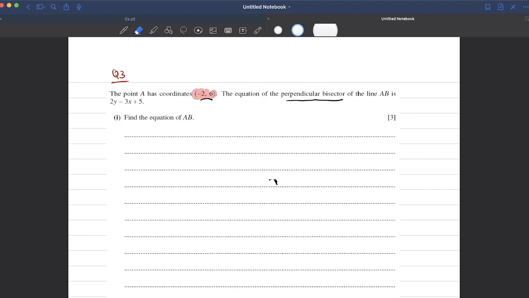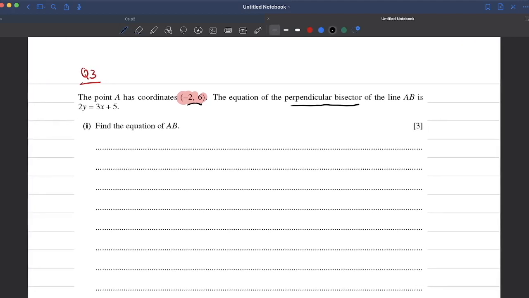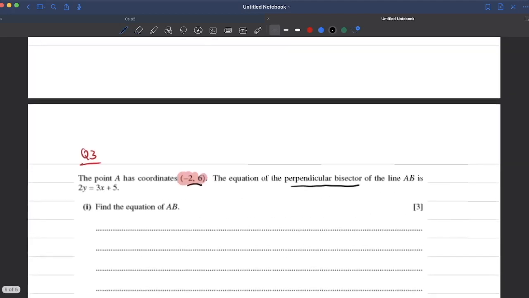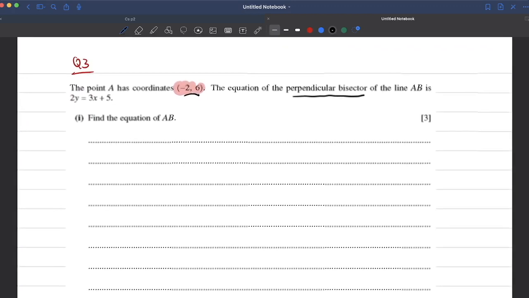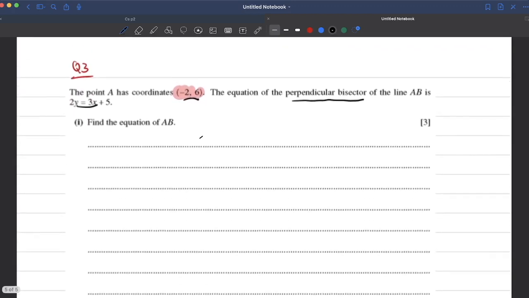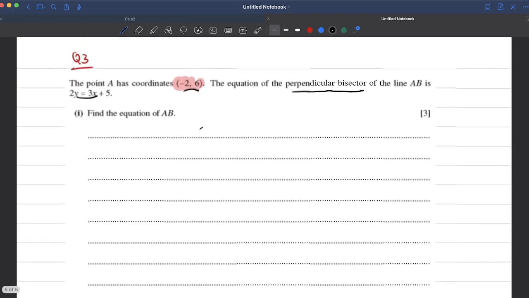Now it's telling us that the line AB has this equation: 2y equals 3x plus 5.